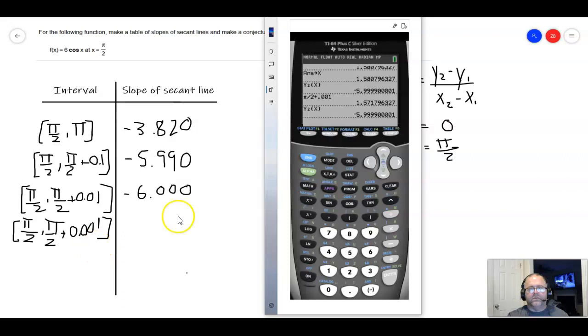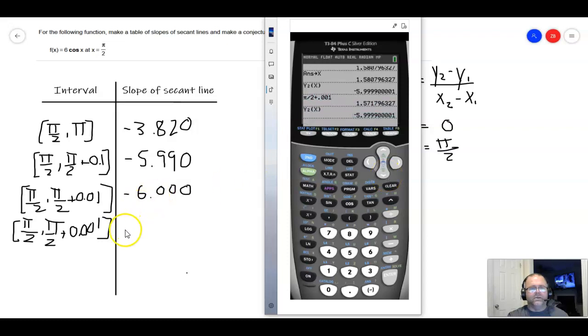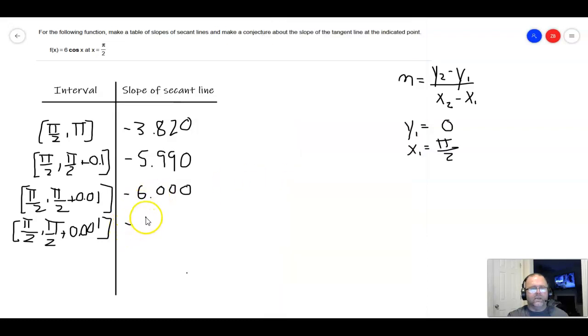And once again, we got a number that is super close, the same as last time. Did I do that right? Yeah. So if we go to 3 decimal places, that's going to round to negative 6.000.